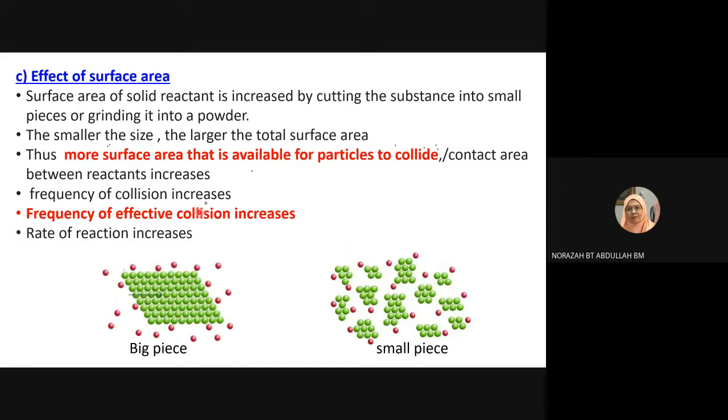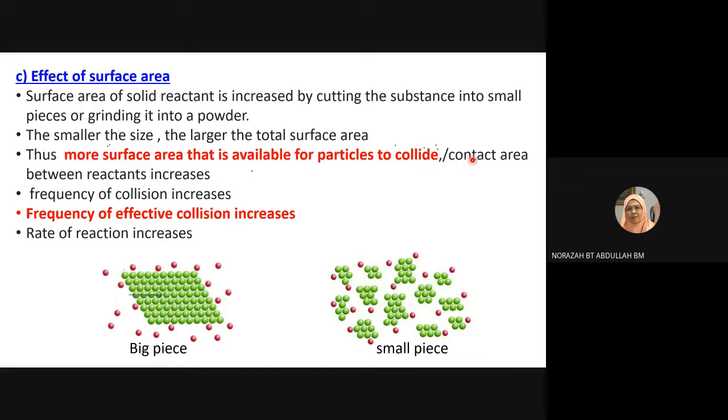Jadi sekiranya surface area yang available is more, so more particles will collide with each other. More reactants tu akan boleh bertindak balas lah, sebab dia lebih terdedah untuk bertindak balas, berbanding dengan sekiranya reaktan tu dalam bentuk ketulan yang besar.